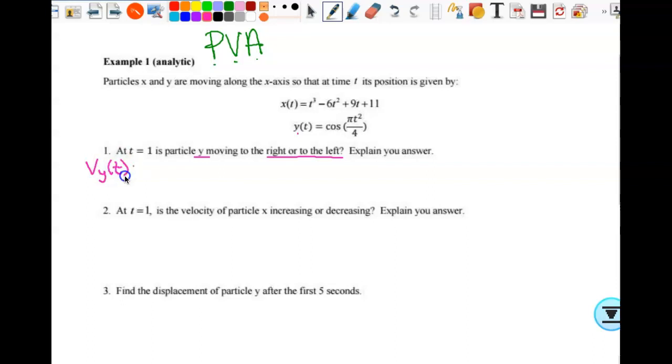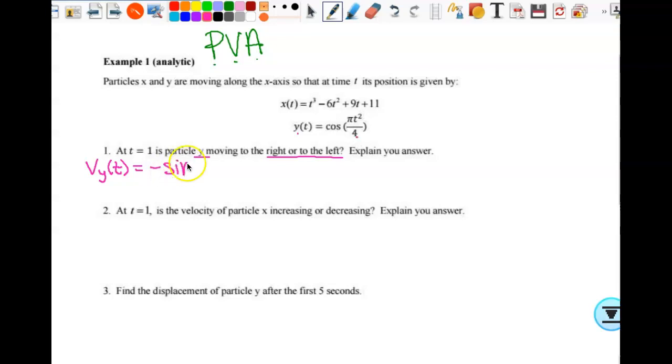Okay? And I'm going to take the derivative here. When I take the derivative, what process am I going to have to use? Chain rule, okay? Because I'm not just taking the cosine of t, I'm taking the cosine of a function. So I take the derivative of the trig. What's the derivative of cosine? Negative sine. So I have negative sine.